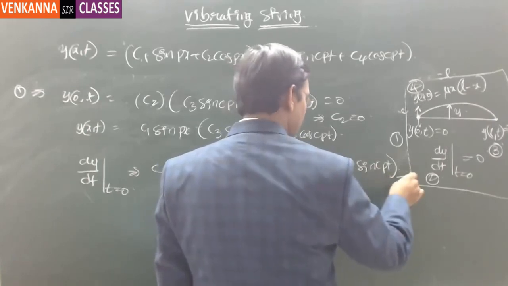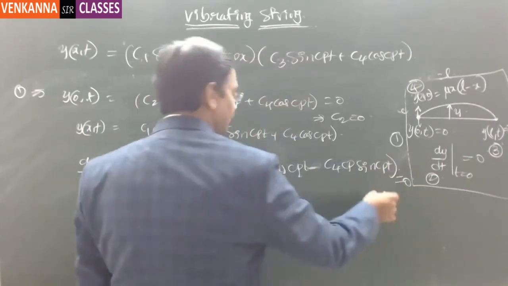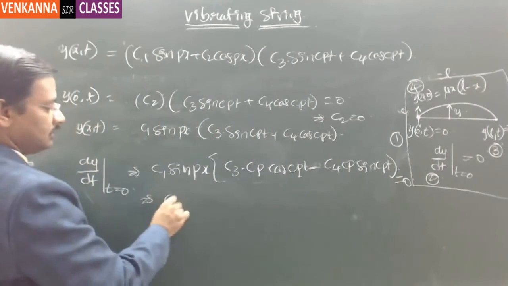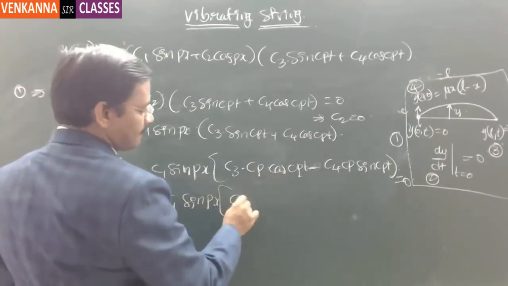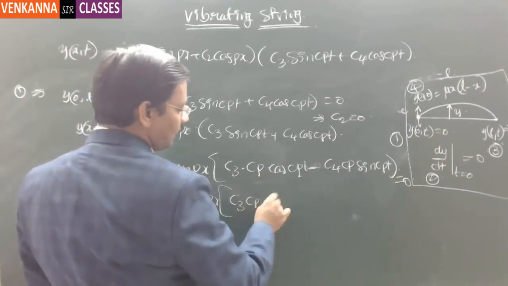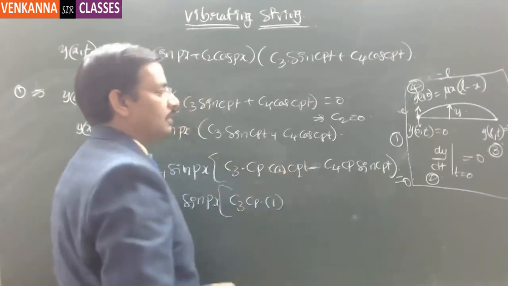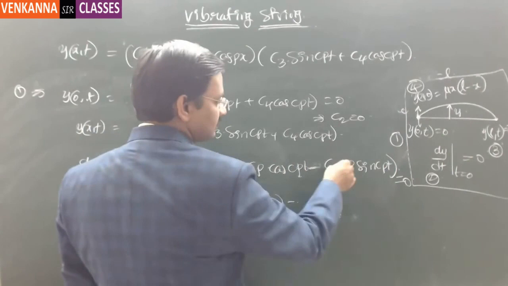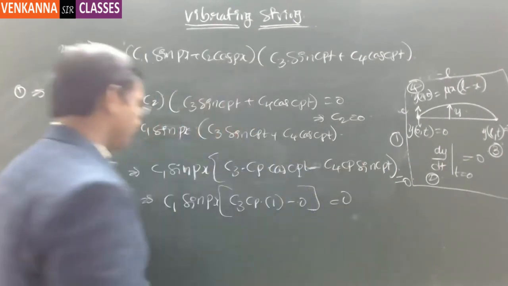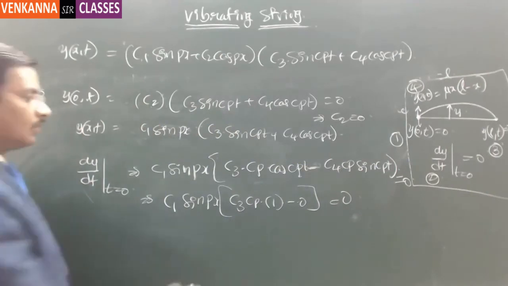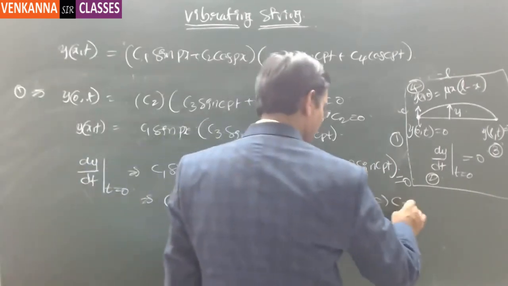And this is again equal to 0 at t equal to 0, right? Now if you substitute t equal to 0, C1 sin Px and then C3 Cp into 1, because at t equal to 0, cos of 0 is 1, minus, so this is 0 and this is coming out to be 0. So this is possible only if C3 equal to 0.